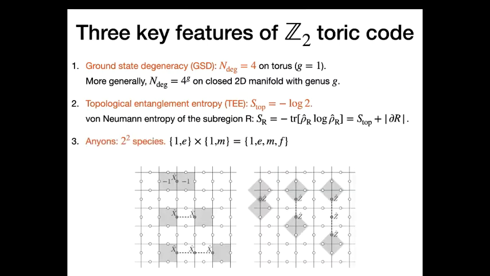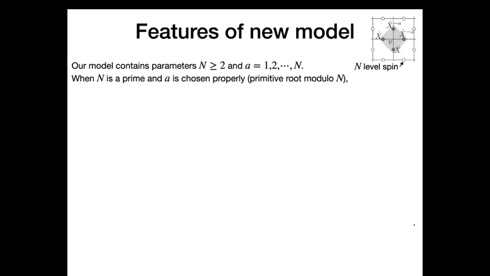And if you look at excitations, there are basically 2 times 2 anyons, the electric particle and the magnetic particle, and they have some mutual statistics. Okay, so these are the key features of this toric code model.